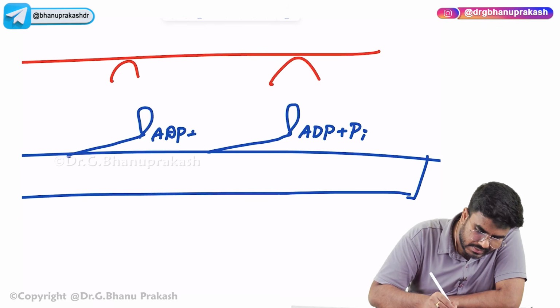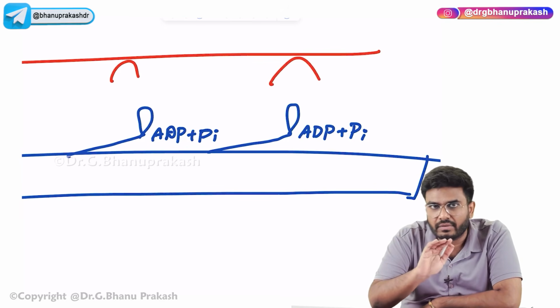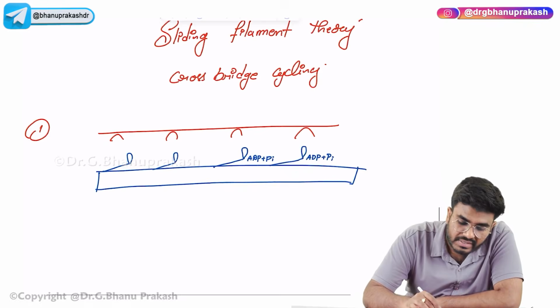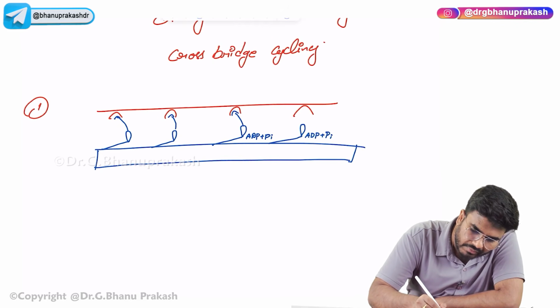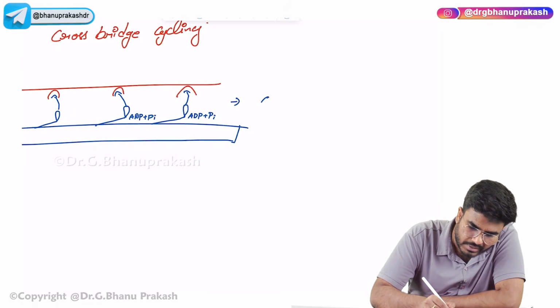From where this ADP and inorganic phosphate are coming, I will explain. But once the active sites are exposed, immediately these myosin heads will go and bind with the active sites. This is called cross bridge formation.